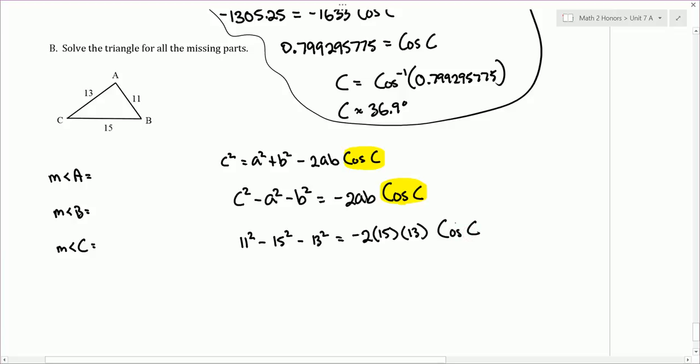So I'm going to use my calculator here to get 11 squared minus 15 squared minus 13 squared, which gives negative 273, is equal to negative 2 times 15 times 13, which is negative 390 times the cosine of C. Divide by negative 390.